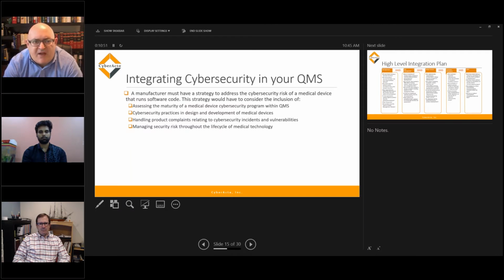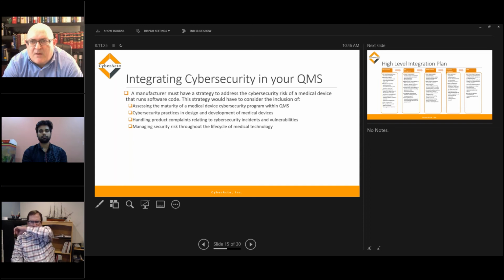So going back to the integration, a manufacturer or designer has to have a strategy to address the cybersecurity risk of any medical device that runs software code. And that strategy is to be based on 4 points. How do we assess the maturity of that medical device security program within your QMS? What are the specific cybersecurity practices in the design, development, and deployment of those medical devices? How do we handle complaints?